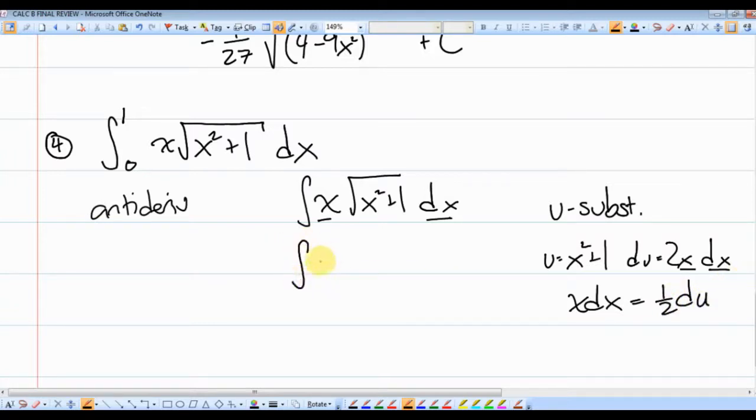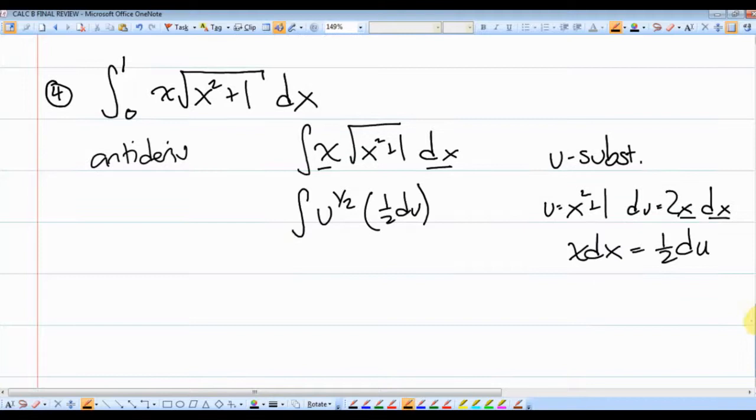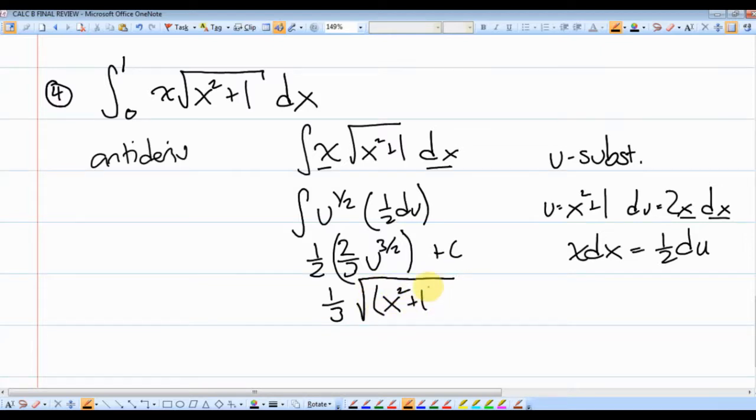So the antiderivative becomes u to the 1/2 times 1/2 du, which is 1/2 times 2/3 u to the 3/2 power plus constant, which is 1/3 square root of x squared plus 1 cubed plus constant.